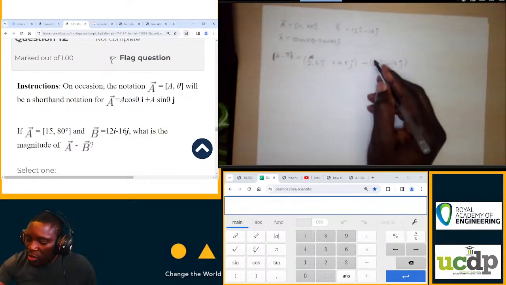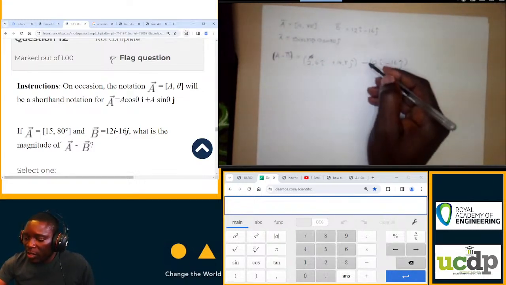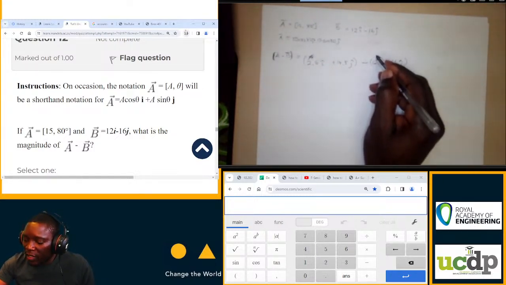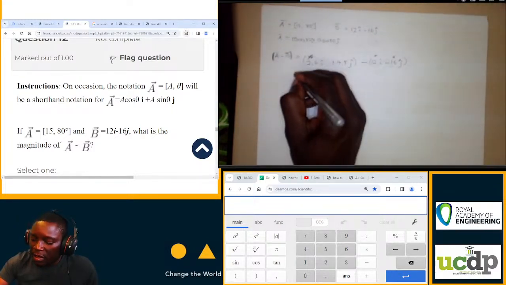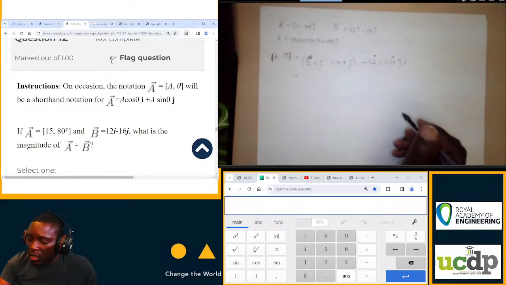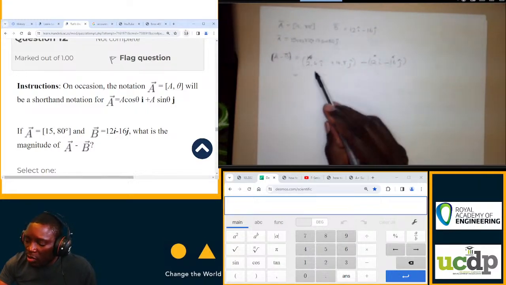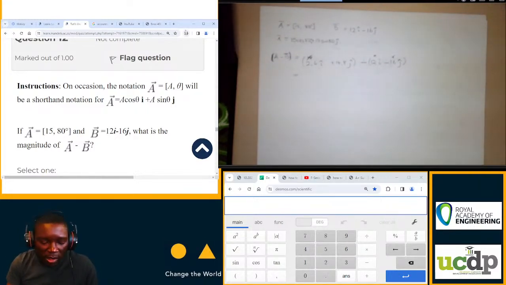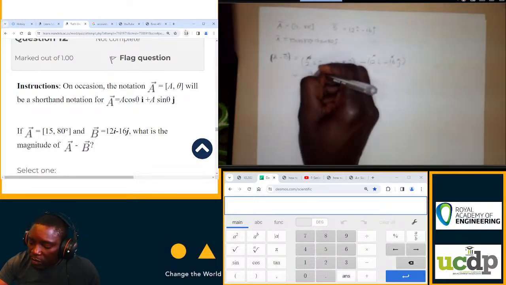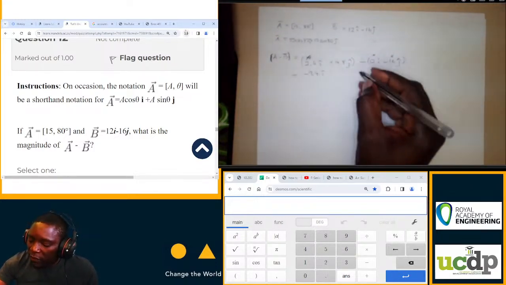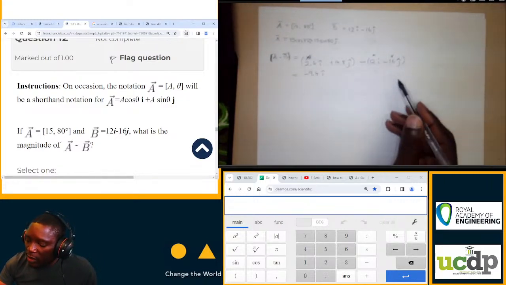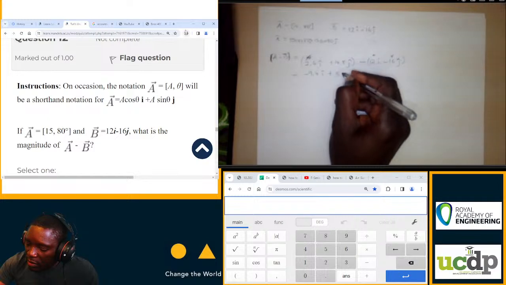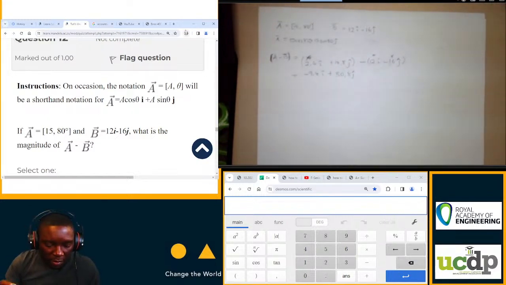So remember to put a bracket for the whole vector B, so that the negative does not only affect the i component, but it affects both the i and j. So taking the components that are both in the i, we've got 2.6i minus 12i. That should give us negative 9.4i. Then 14.8 minus 16 is, plus 30.8j.